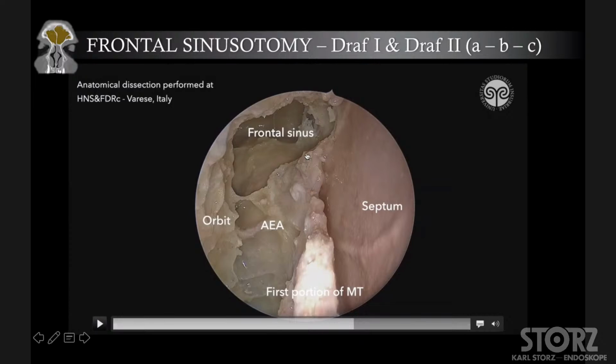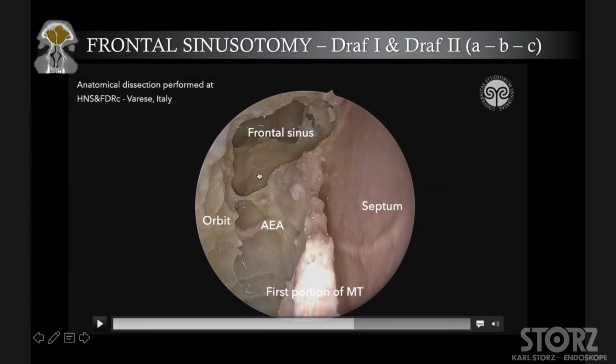In selected cases, you can enlarge also at the level of the nasal septum, and this is called Draf type 2B. But pay attention, you cannot enlarge the frontal sinus here straight on, horizontally, because here there is the anterior skull base, a very risky area. Remember that the opening of a Draf type 2B is a sort of L shape.